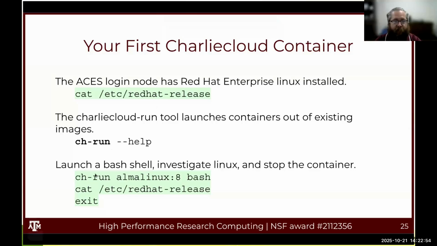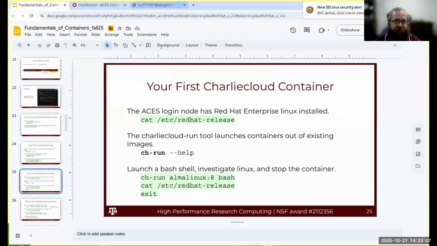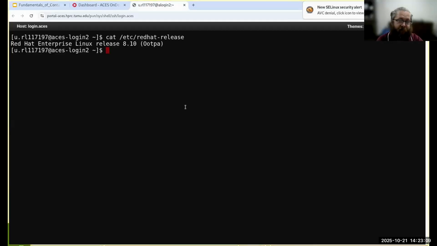So the syntax will be ch-run, the name of the image, then the name of the process. So that's ch-run almalinux:8 bash. That will start a bash interpreter process that we can use to play around with.